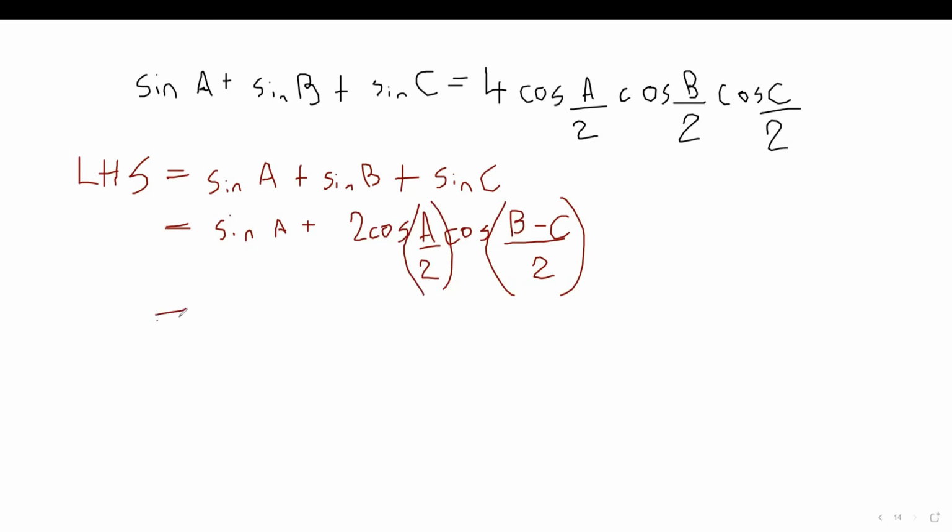Now look at this sine A right here. I'm going to rewrite sine A as the sine of 2 times A over 2, so I can apply the double angle formula. I write it as sine 2 times A over 2 plus 2 cos A over 2 times the cos of B minus C over 2.